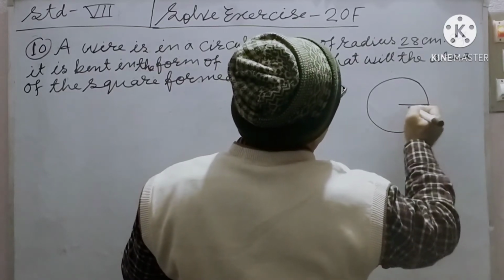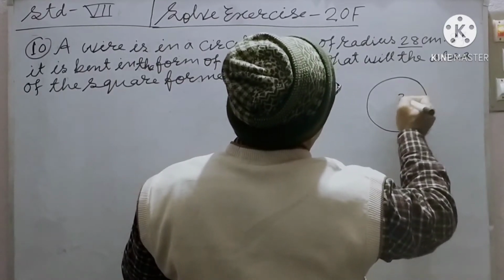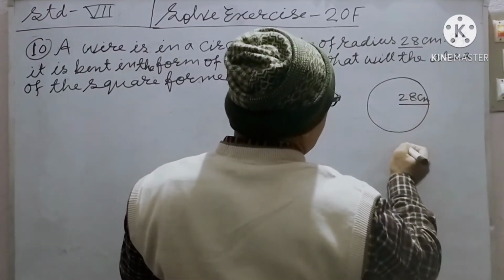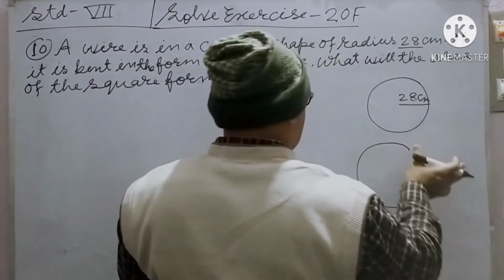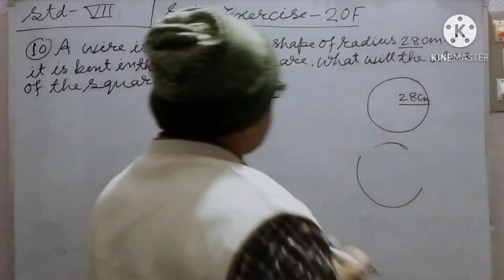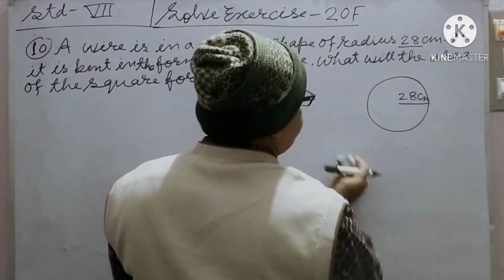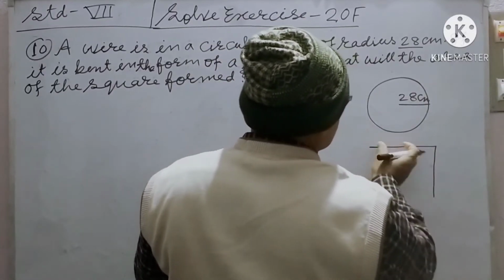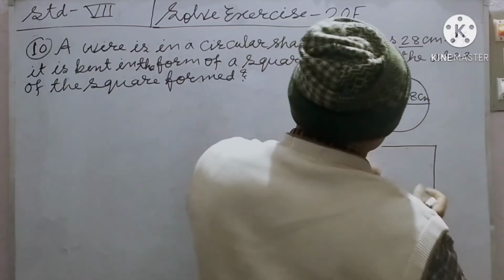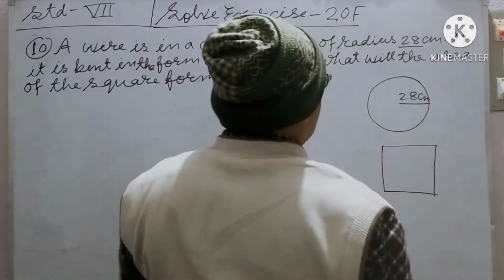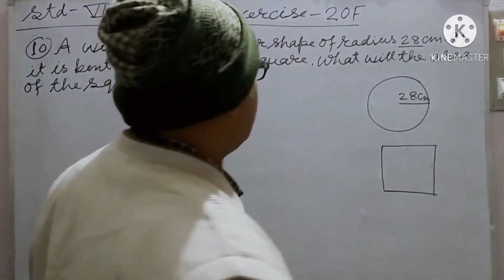Radius of the circular form is 28 cm. It is bent in the form of a square. Find the area of the square.